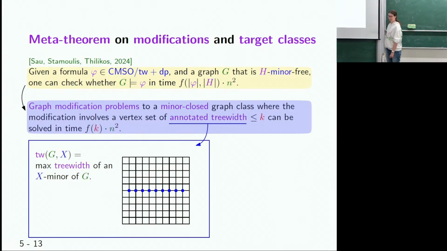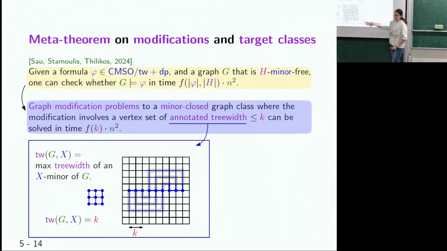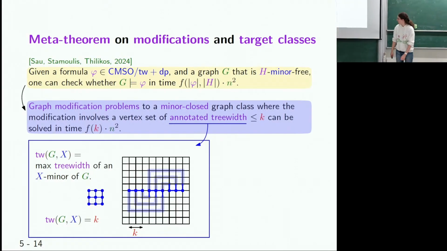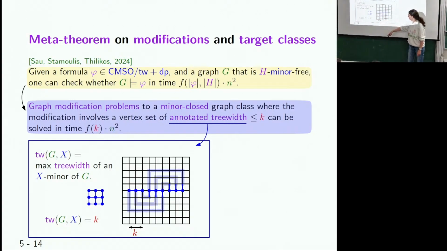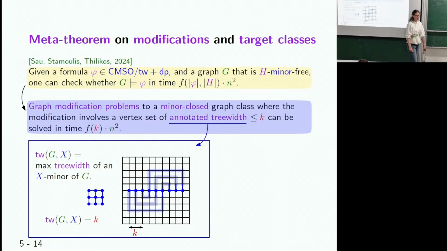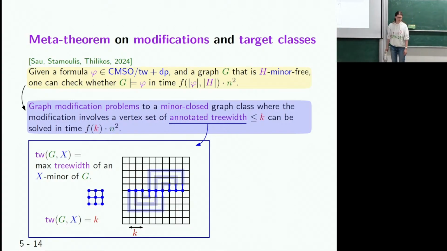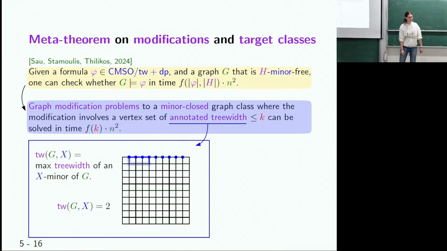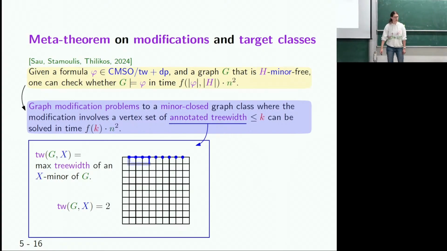If I have this set X in my graph that is a grid, then I look at all the minors I can make where each bag that I contract contains a vertex of X. And I look at the treewidths of all such minors, and here, for instance, I have this grid that appears. So if this is size k, then this is a grid of size k, and so the annotated treewidth is k. But if I look at this set of vertices, then I cannot make a big grid. At most, I have a square. So that's why the treewidth is always 2.